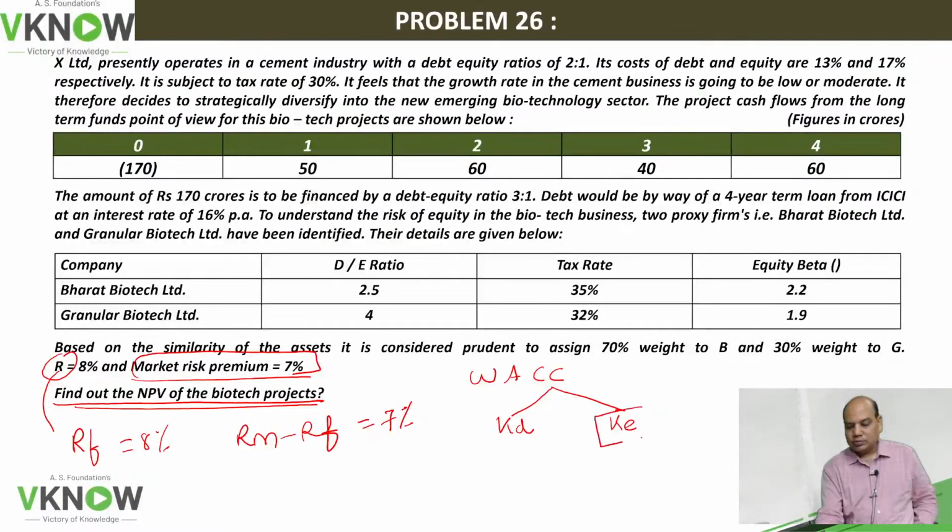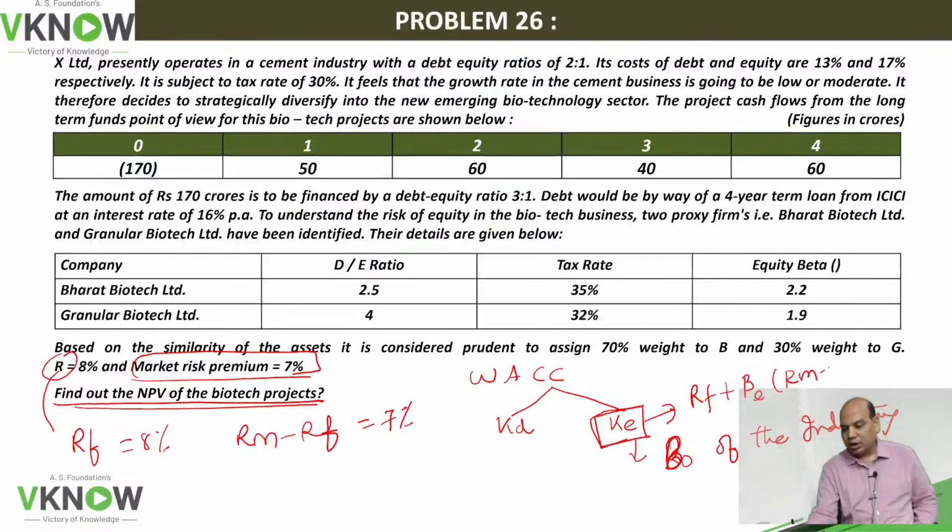But to calculate the cost of equity, I need to find out KO of the industry, or the overall beta, because this will depend on RF plus beta of equity into RM minus RF. But to get the beta of equity for this business, I will require the overall beta of the industry.